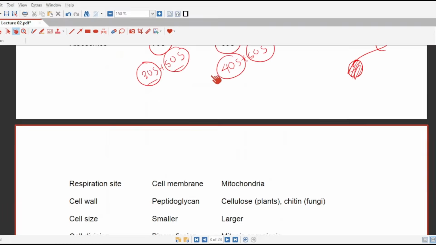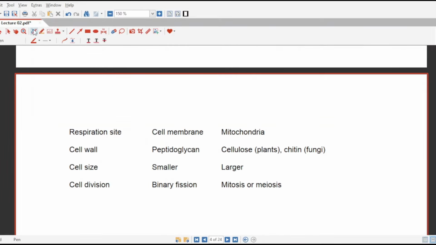All right, moving on. Respiration site, we see that prokaryotic cells don't have mitochondria. That's why the respiration will take place in the cell membrane. On the other hand, the respiration will be inside mitochondria in case of eukaryotic cell, and the process will be sophisticated.